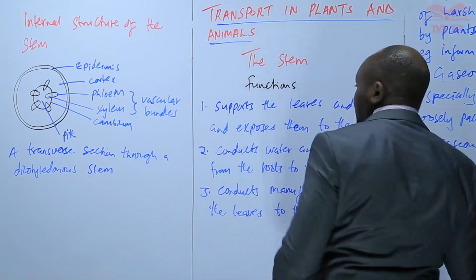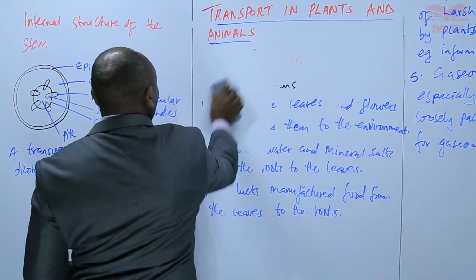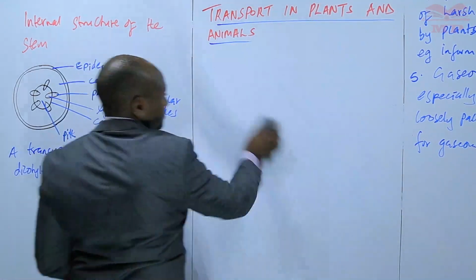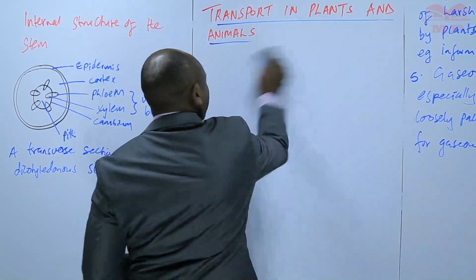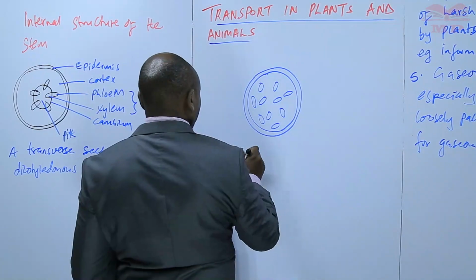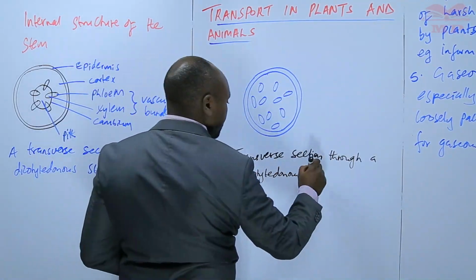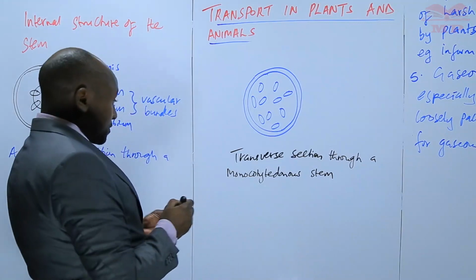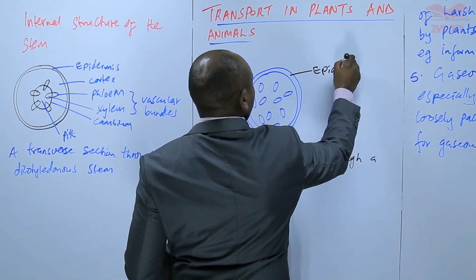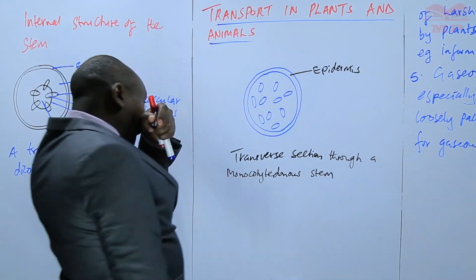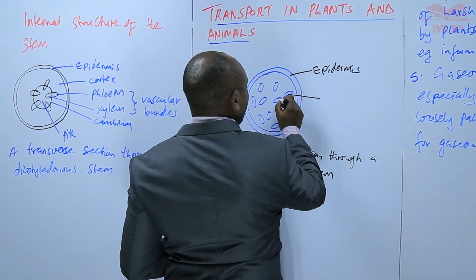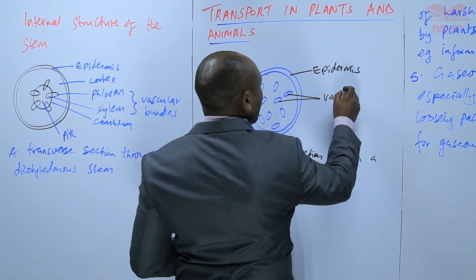We are going to have a monocotyledonous stem. So the monocotyledonous stem basically has the epidermis, just like the dicotyledonous, and then we have vascular bundles that are scattered.